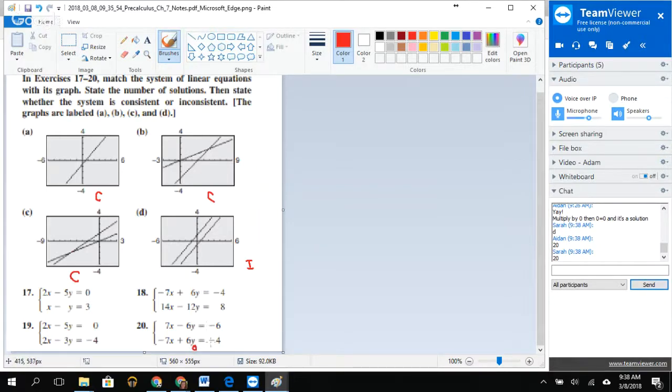And then negative 6 plus negative 4 is negative 10. So we are looking at 0 equals negative 10, which would be a feat of mathematics if we could get that to work, right? That pretty much tells us that it is going to be inconsistent. There's no solution, and our graph is going to be D.